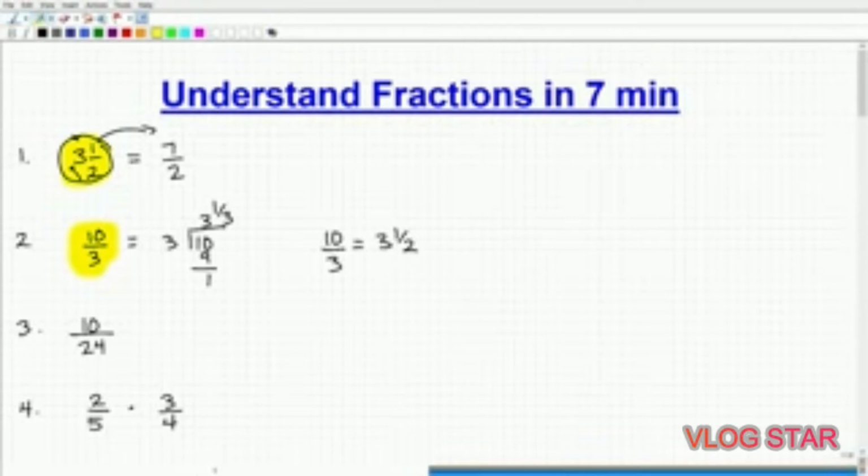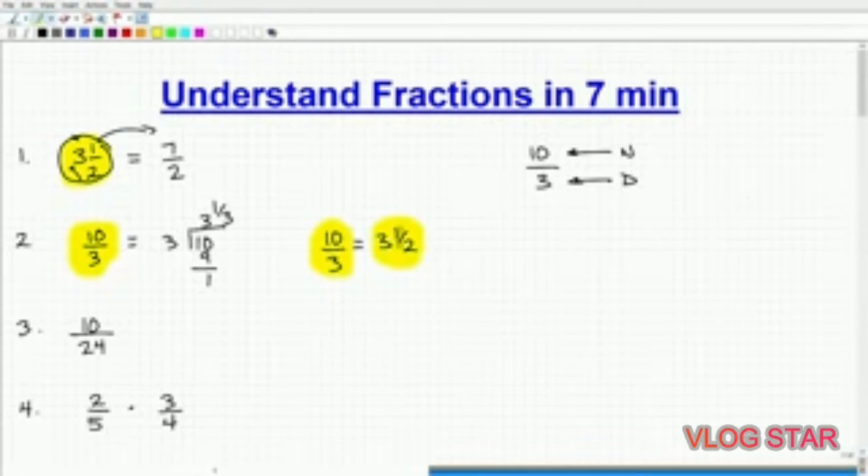So just basic fraction terminology. This is an improper fraction because the numerator, 10/3. When we're dealing with fractions, the top number is the numerator, the bottom number is the denominator. Okay, so anytime the numerator is bigger than the denominator, we call that an improper fraction.